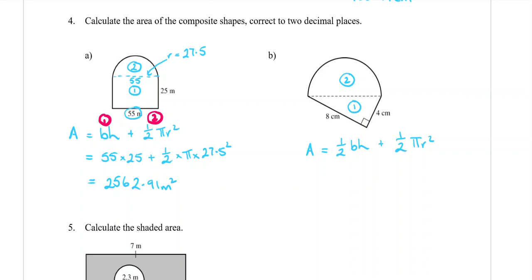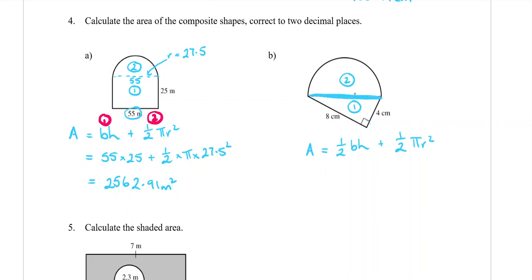However, there is a bit of a problem. I know the base and the height of my triangle, that's the 8 and the 4, because there's the right angle. But the radius of my circle needs to come from this side, which I don't know.